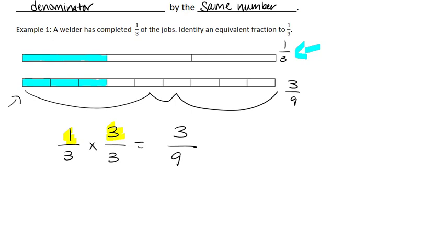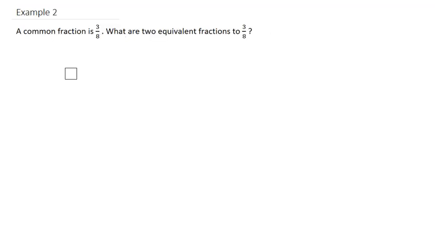So let's do another example. Example 2. A common fraction is 3/8. What are 2 equivalent fractions to 3/8? So we have 3/8. And we know that to create an equivalent fraction, we just multiply the top and the bottom by the same number. So we could multiply both the top and the bottom by 2.